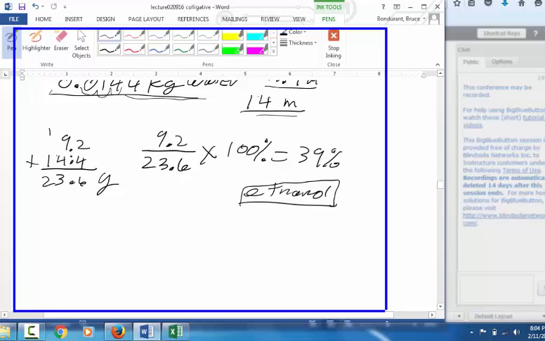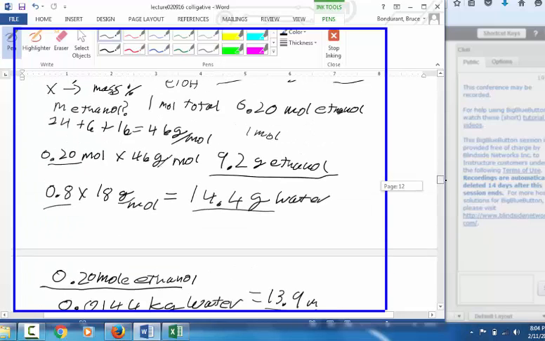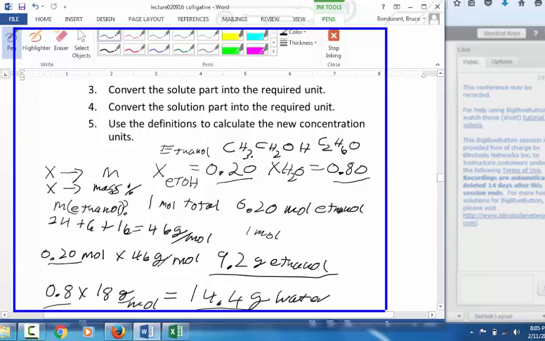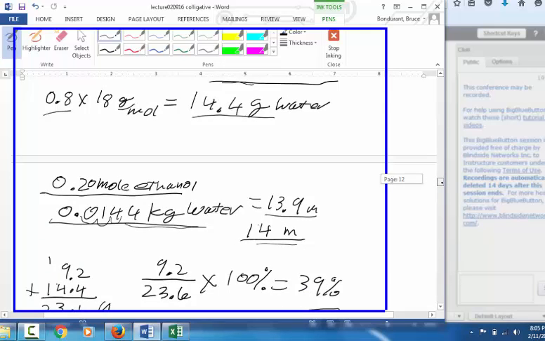And then for percentage, we convert the ethanol to grams using the formula of ethanol, which is CH3CH2OH, which is C2H6O, and that gives you a molar mass of 46 grams per mole, multiplied by 0.2 gives 9.2 grams of ethanol.